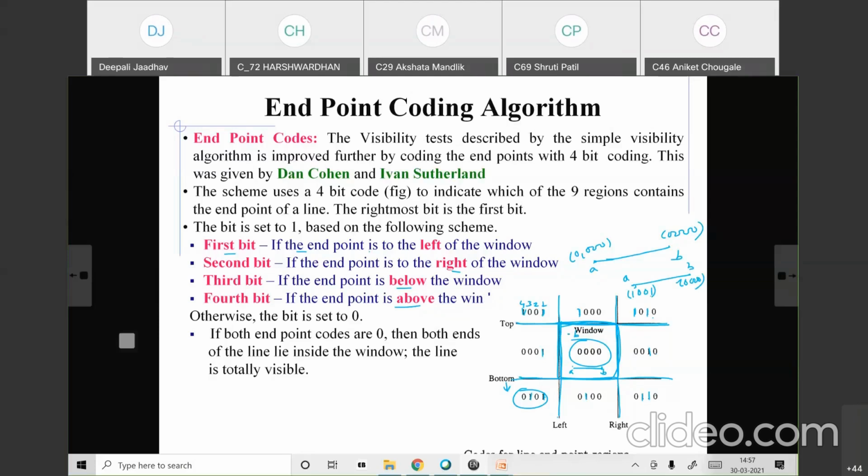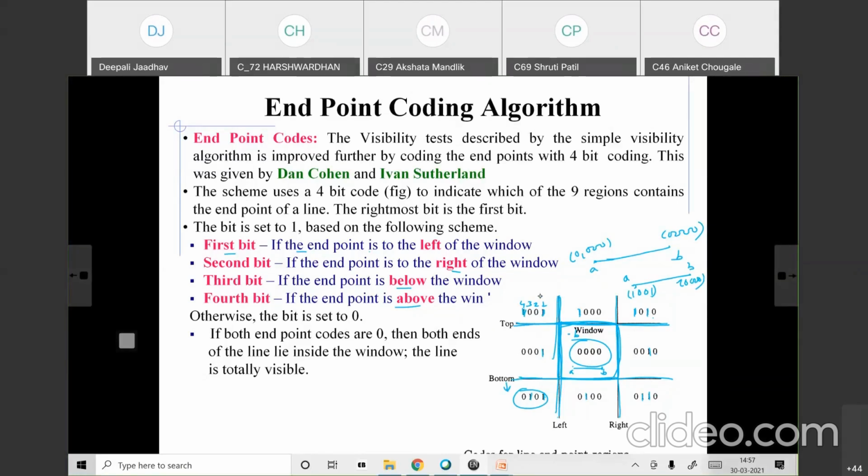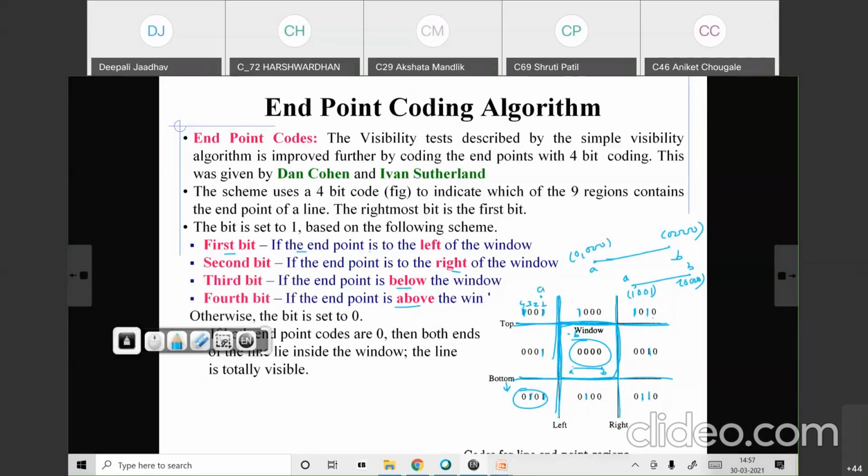Here the first bit is 1 means it is to the left, correct? First bit is 1 means it is to the left, and the fourth bit is also 1 means it is above. It is left and it is above, so B point is here, A point is somewhere in this region.